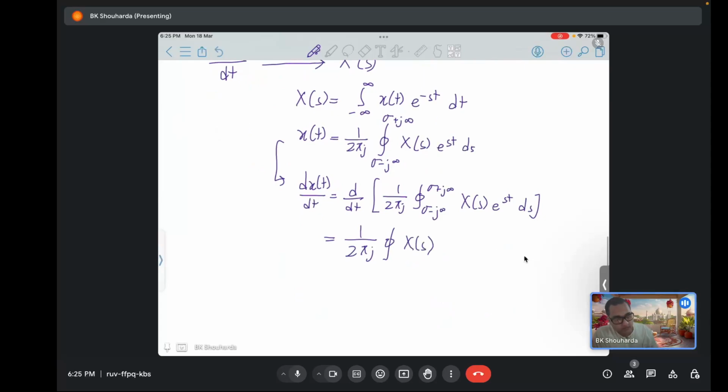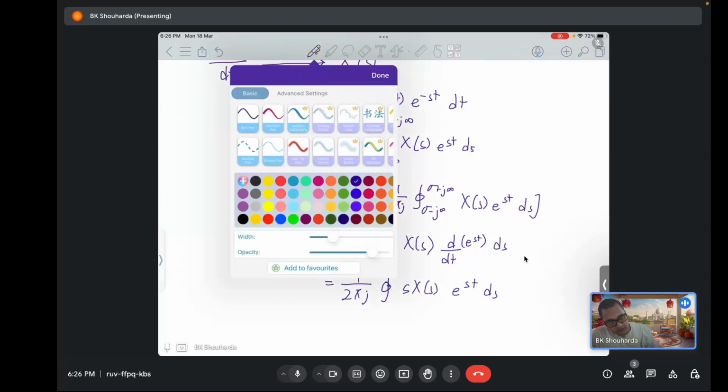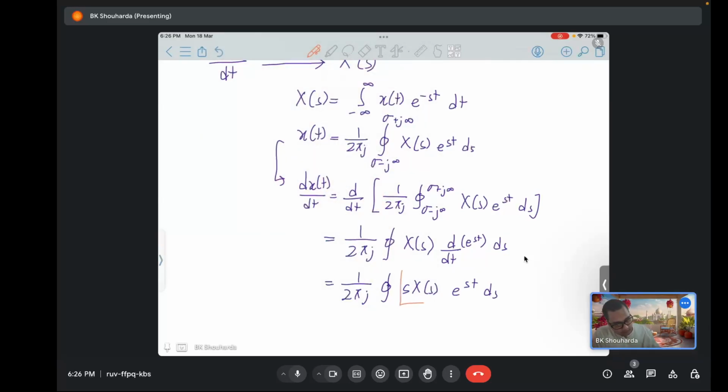X(s) is not a variable of time, so it's d/dt of e to the power st. When you differentiate that, s would come out. So you have s X(s) e to the power st ds. So what should we get? We will be getting this.